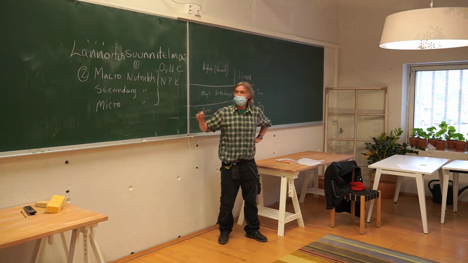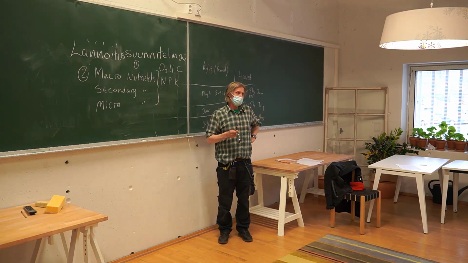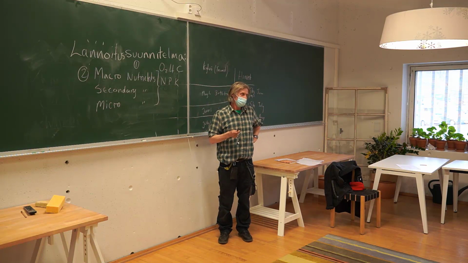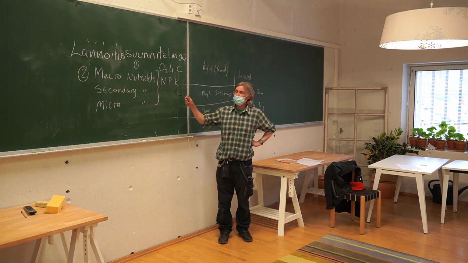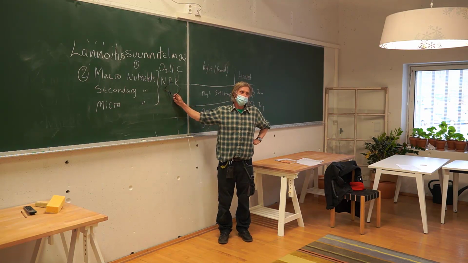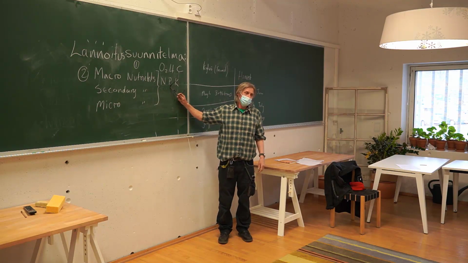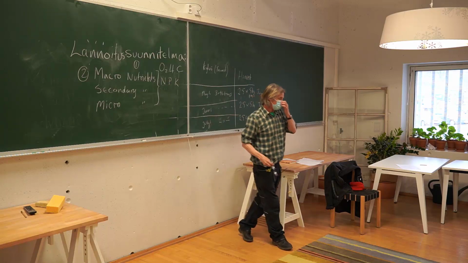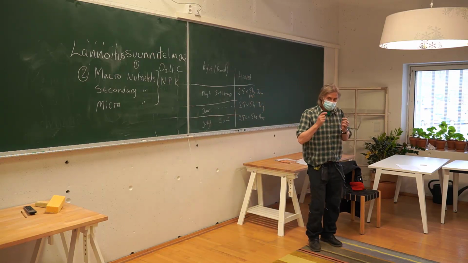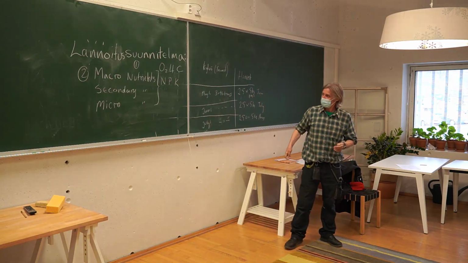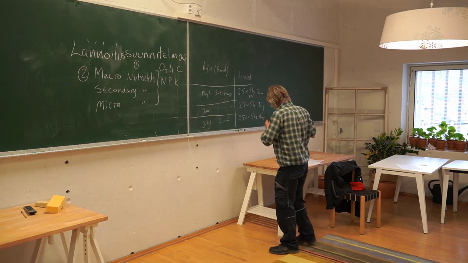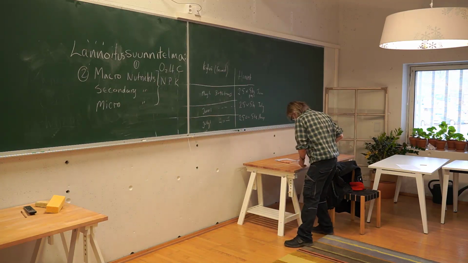Do we all know what these three things are? Do you know what N is? Typpi. Kalium. Typpi, phosphorus, kalium. We have to know this, right? The secondary nutrients, not so many.